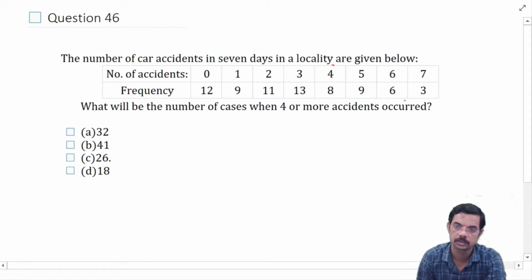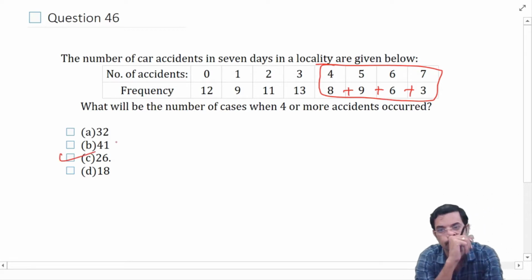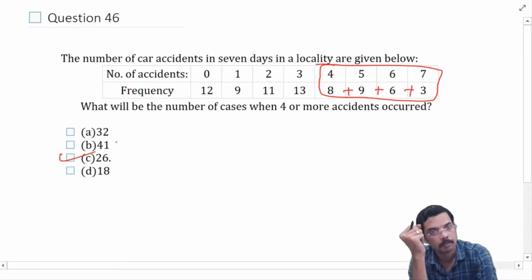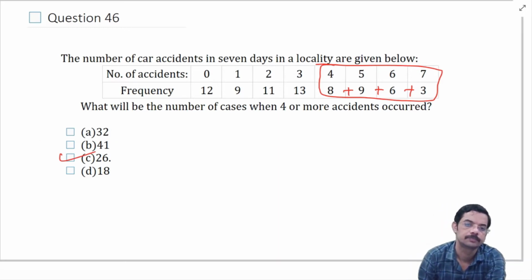This region is what we need to focus on. So it will be 8 plus 9 plus 6 plus 3. Okay, 6 plus 3 is 9, 9 and 9 are 18, 8 more makes 26. So 26 will be your answer. Okay, so 26 cases.